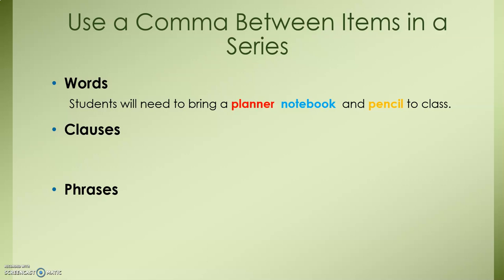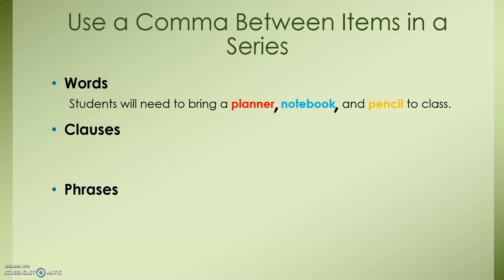I have 3 different items listed, and I'm going to place a comma after each, starting with planner, comma, notebook, comma, and notice I'm not going to put a comma after pencil, but I am putting a comma after notebook before our conjunction and. That's called the Oxford comma that we'll get into in a couple of slides.